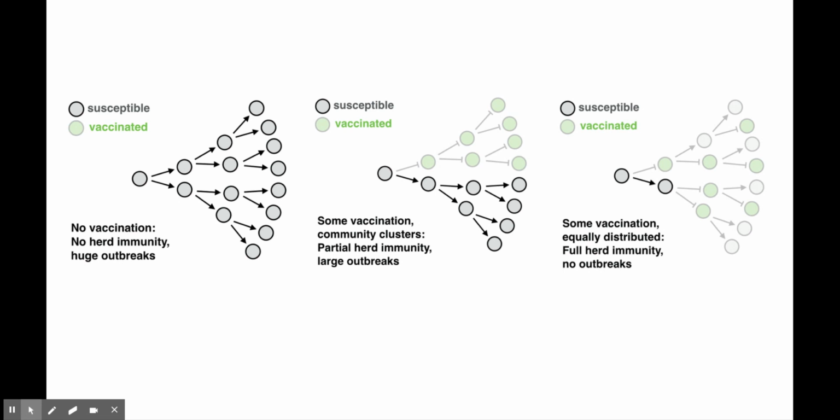So you don't see the kind of large scale spreading events. We see a slower progression. And herd immunity is achieved when enough people in the population are either vaccinated or immune. You basically run out of places for the virus to spread.